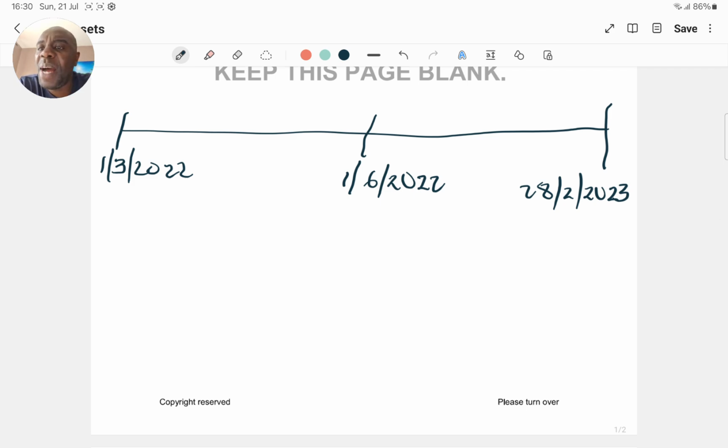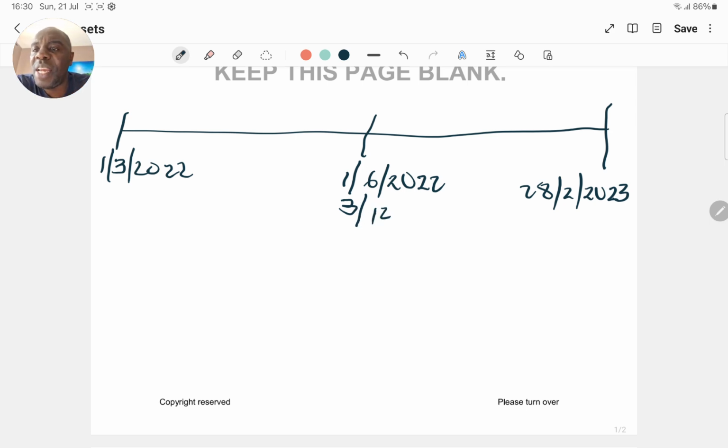All right, so how many months did we use this vehicle? We used it for the whole of March, the whole of April, and the whole of May. We are not going to include the month of June because we never used this asset in the month of June. We let it go on the 1st of June 2022. So we only used this asset for 3 out of the 12 months of the year. We call that pro rata.